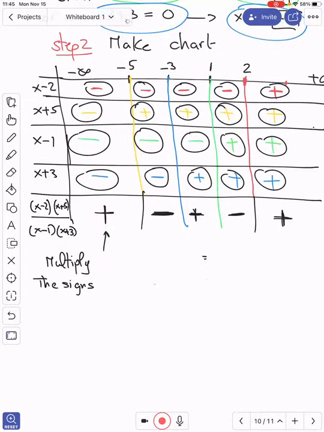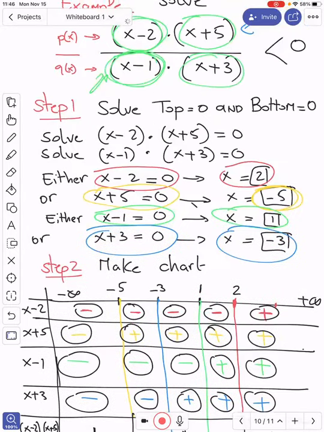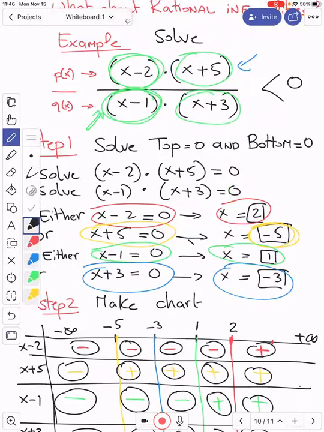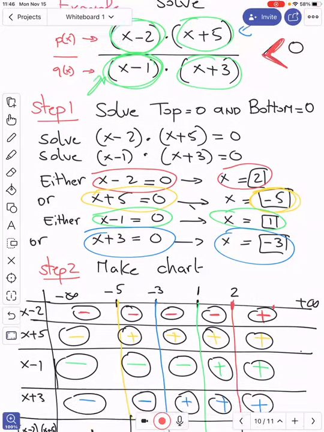All right, so what we have to solve, just to remind you of the initial question. We need our rational function to be strictly less than 0. It means, of course, it's negative, right?